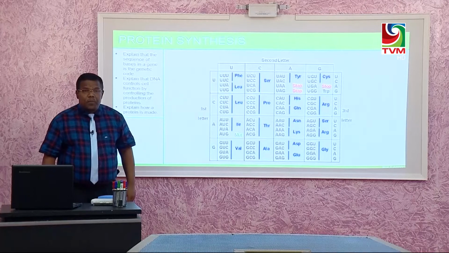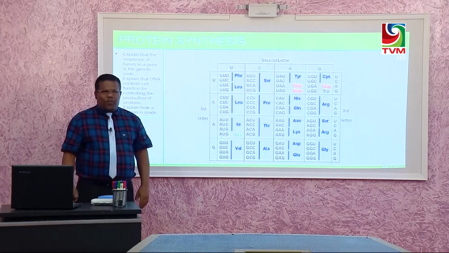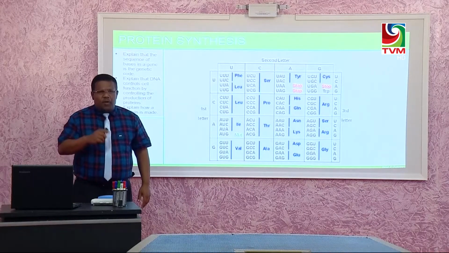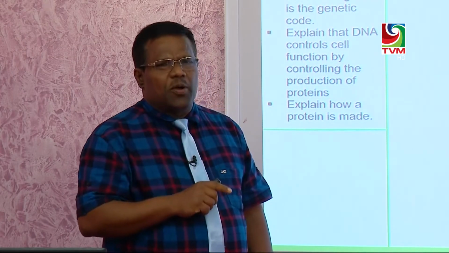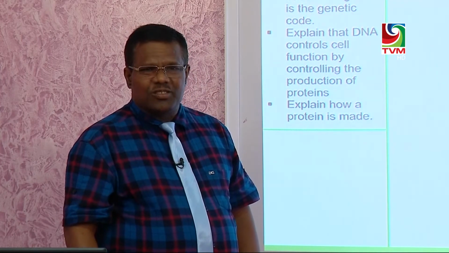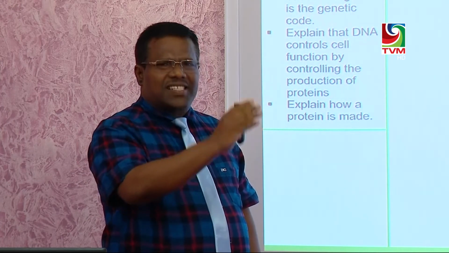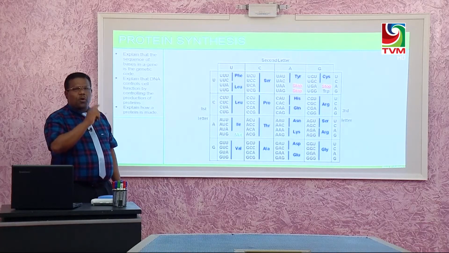And how to stop the synthesis of protein? I told you insulin is made up of 51 amino acids, and there are 51 triplets coding for those amino acids. And how to stop the protein synthesis? In order to stop it, after the 51st triplet, there will be a stop codon.